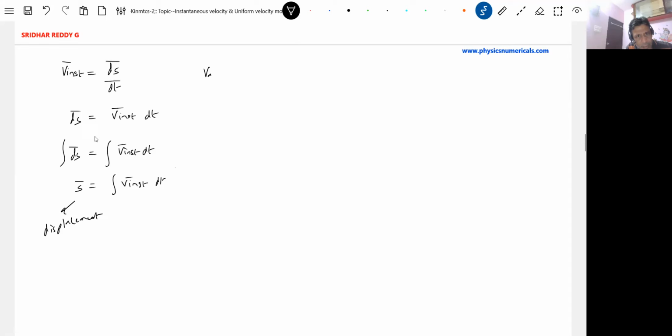Similarly, if you know instant velocity, can you calculate average velocity? Yes, the formula is the same. V average velocity is equal to the integral of V dt divided by the time interval. So if you know instant velocity, you can calculate average velocity and displacement. Similarly, can you calculate the distance? Yes. Instant speed equals ds by dt, so ds equals V instantaneous dt.